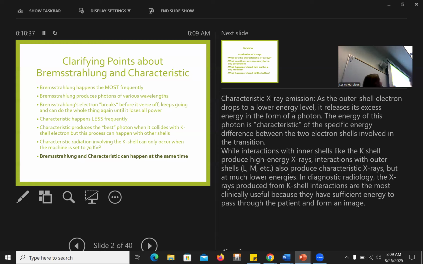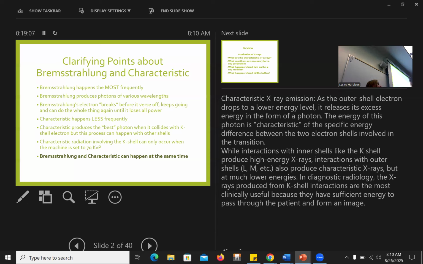Theoretically, the electron could knock out electrons in lower orbits, but to make this high-powered, best photon, the electron coming across has to be powerful enough to knock out a K shell electron. So the machine is set at that kVp in order to do that.